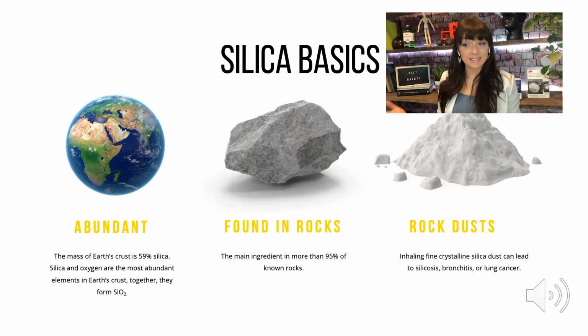The rock dusts are. Now, the reason that crystalline silica is a hazard, although it's been known about for hundreds of years, it wasn't as big of a problem until the Industrial Revolution. And the reason is the dust is so much finer now, and with our mechanical processes, we can inhale so much more of it, and so much more of it gets dispersed in air that it becomes a problem.